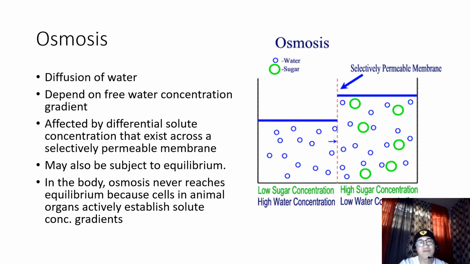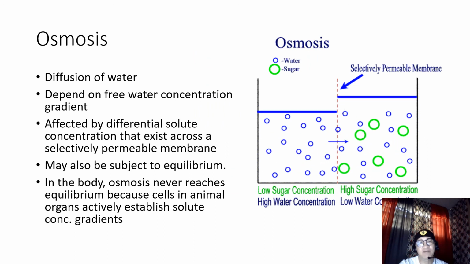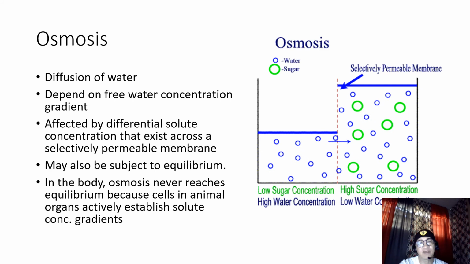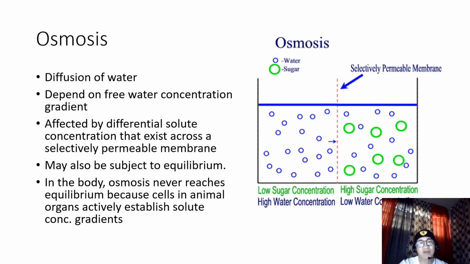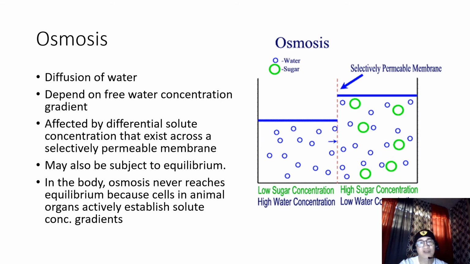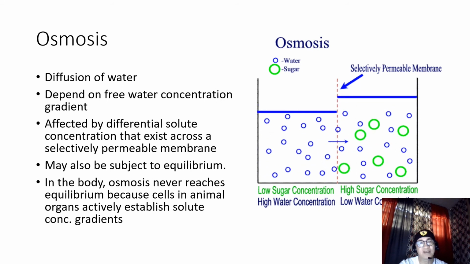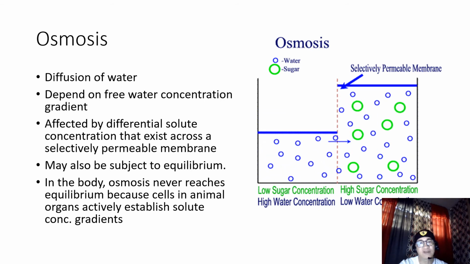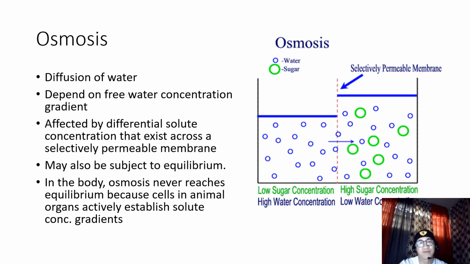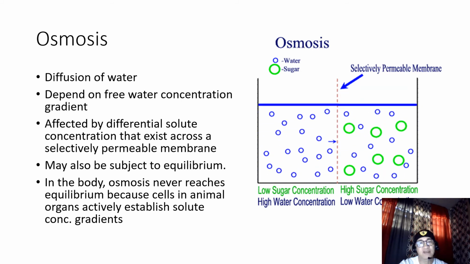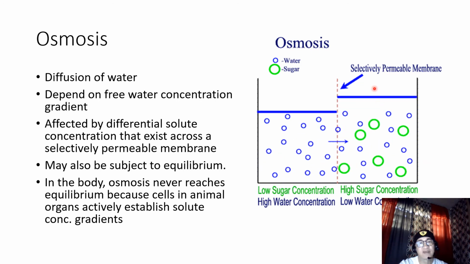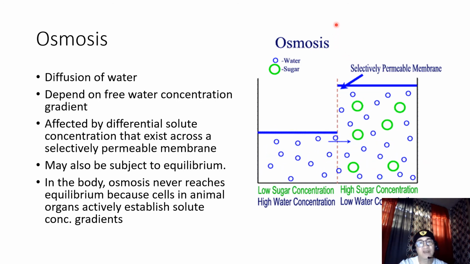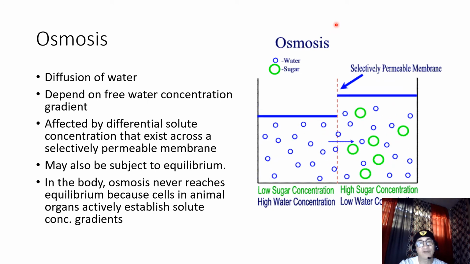Osmosis is the simple diffusion of water across a semi-permeable or selectively permeable membrane. If water is separated by a semi-permeable membrane, its net direction of diffusion is directly affected by the concentration gradients of free water molecules. If there are solutes present in one compartment, while there is none on the other compartment, this creates a concentration gradient of free water molecules.